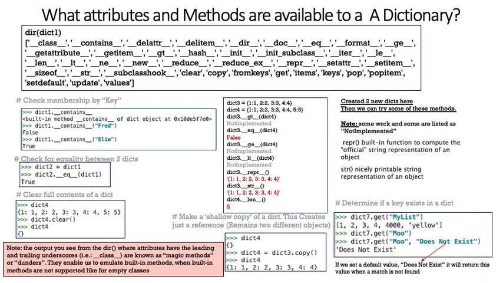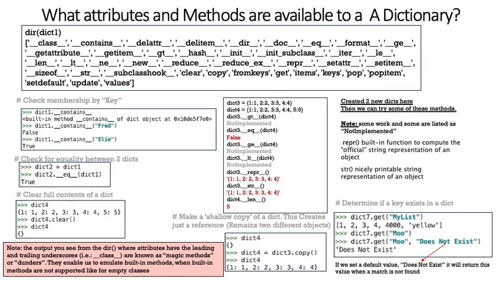So what attributes and methods are available to us when we use a dictionary data type? If we fire off the dir method against our dict1 dictionary, we will see a bunch of objects coming back. The first thing I'd like to say is, you see this output from the dir where attributes have this leading and trailing double underscore, like in __class__ or __contains__.